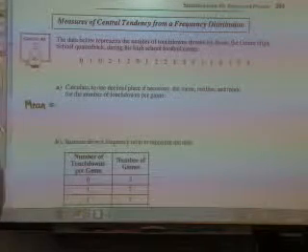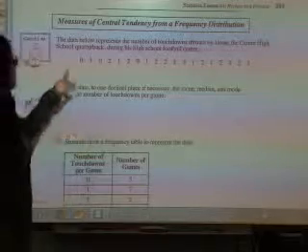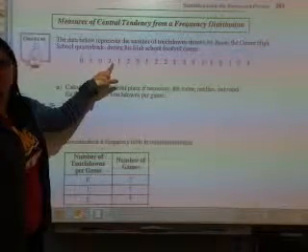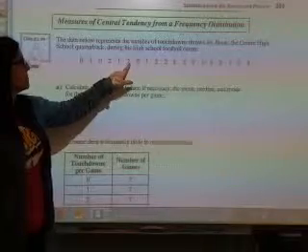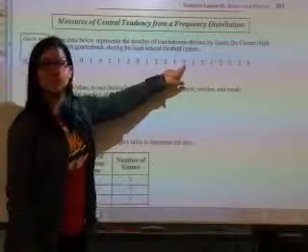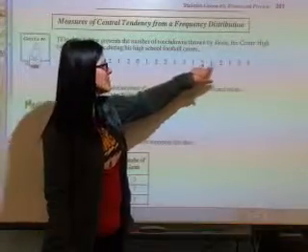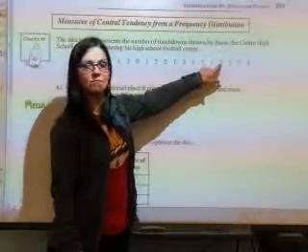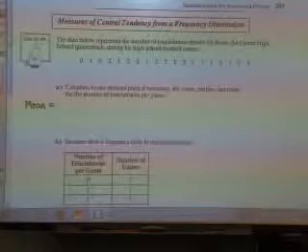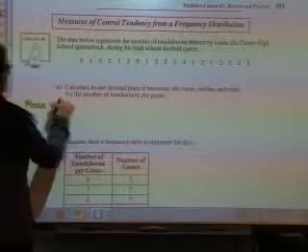For the mean, I'm going to add all of these together. The zeros I don't need to worry about. 1 plus 2 is? Plus 1? What did you get? 27.